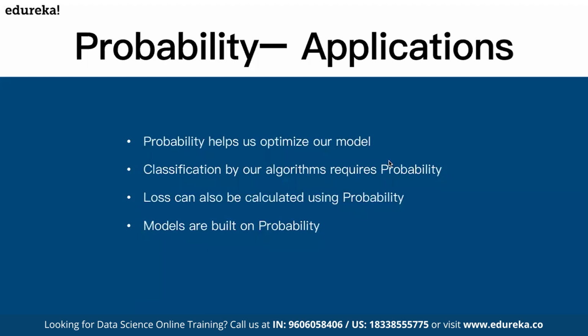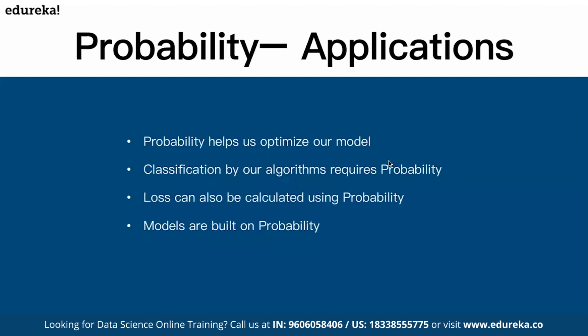If the probability is above 0.5, we say it will happen. If it is below 0.5, we say it will not happen. So whenever you see the word classification in machine learning, all the classification algorithms belong to probability problems.